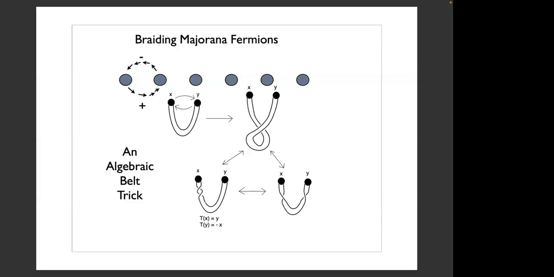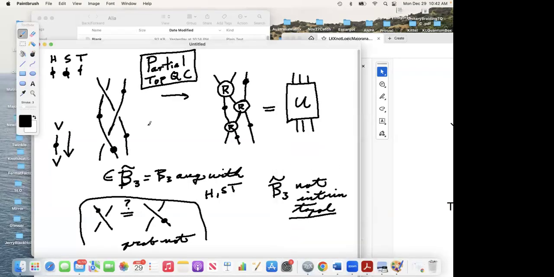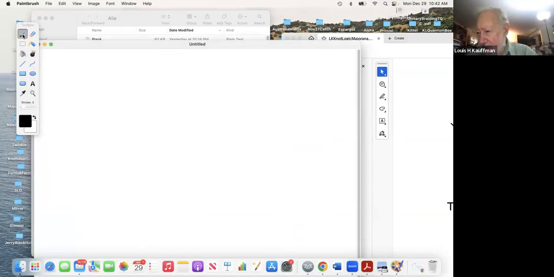Well, let me share the screen for a moment. I point out to you that when we originally were thinking about quantum invariance, we were thinking in the following kind of way. We might have a not very interesting link.